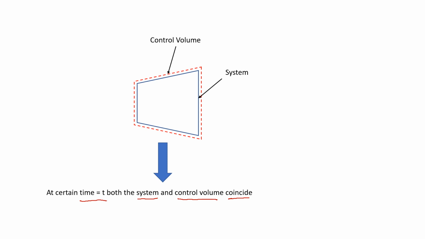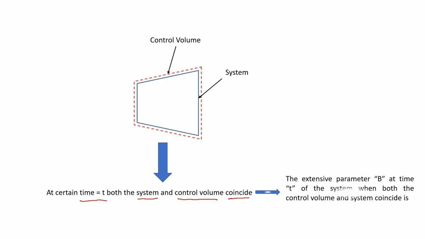What this means is, for the extensive parameter B at time t, both the control volume and system coincide. What will be that equation now? That equation that we wrote, that B is equal to m small b. So we want to relate this equation both for our system and our control volume, and we can write this at a certain time t.